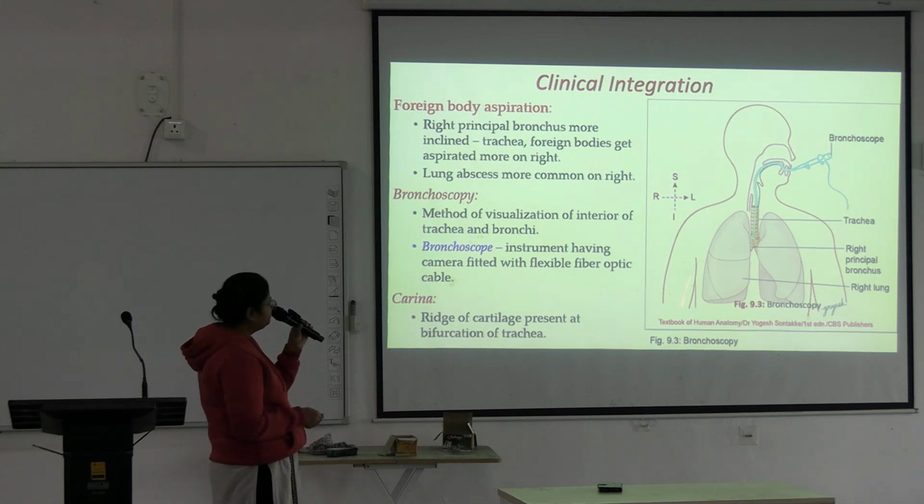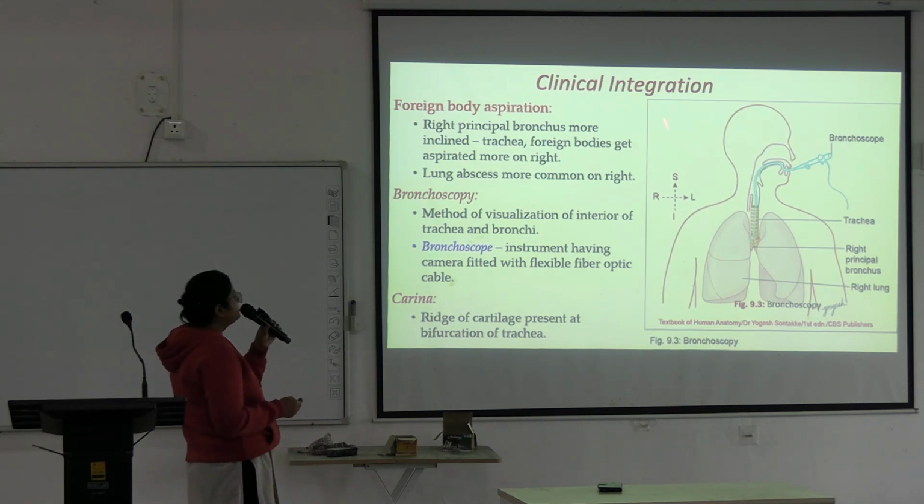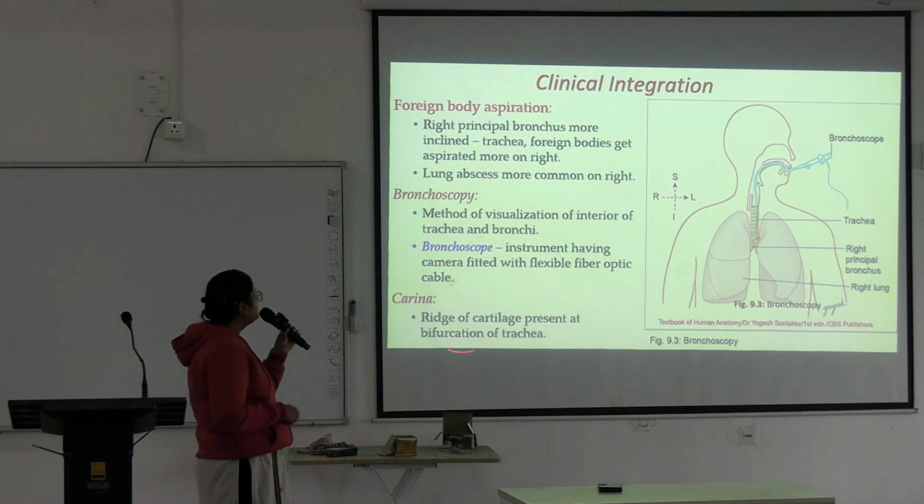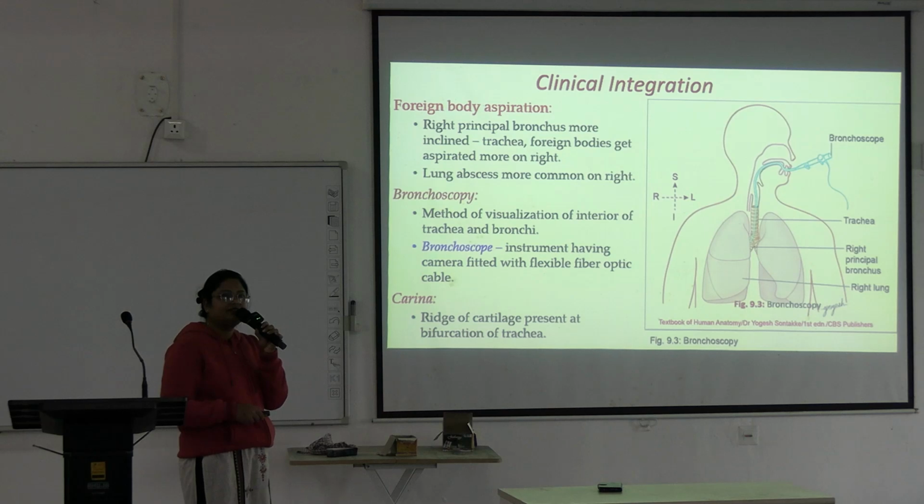So you can visualize the interior of the trachea through this bronchoscope. Carina: what is carina? This is the ridge of cartilage present at the bifurcation of the trachea. At this bifurcation there is a projection of cartilage known as carina.